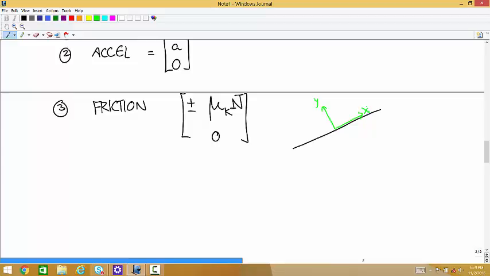And if the velocity is in the positive or negative x direction, the friction force also has to be in the positive or negative x direction, and just the opposite one of whatever the velocity is. So this has the opposite sign of the velocity.